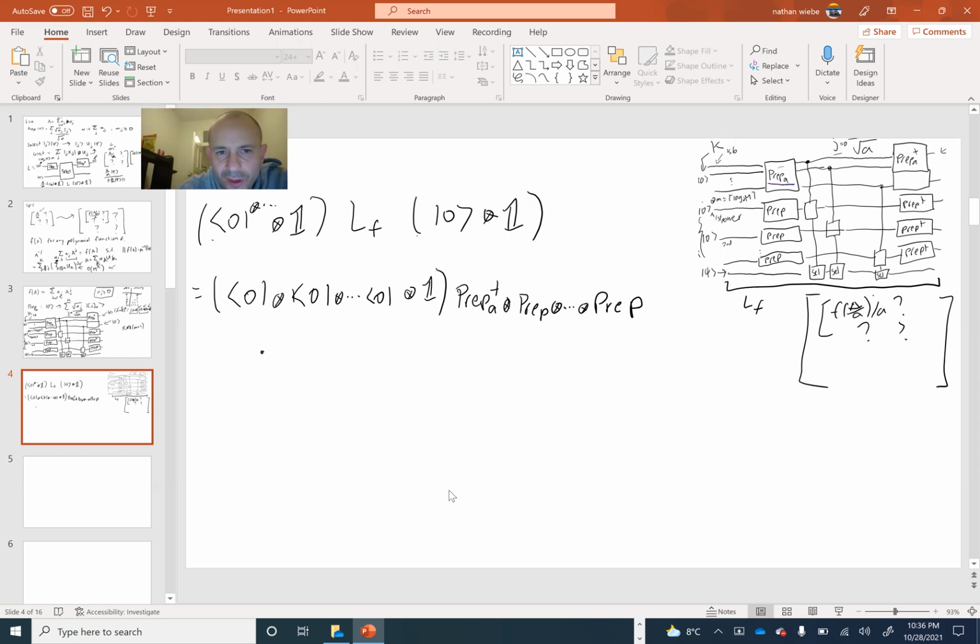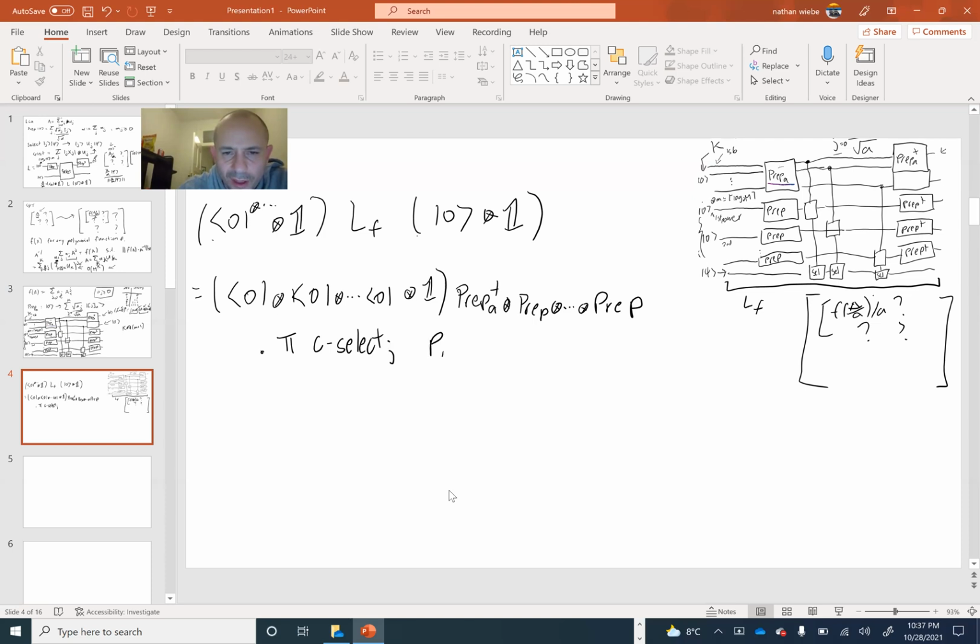controlled selects. So the way I'm going to write the different controlled selects is as a product over the controlled select sub j.